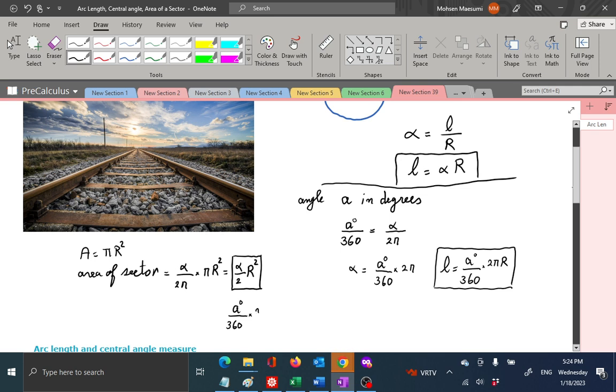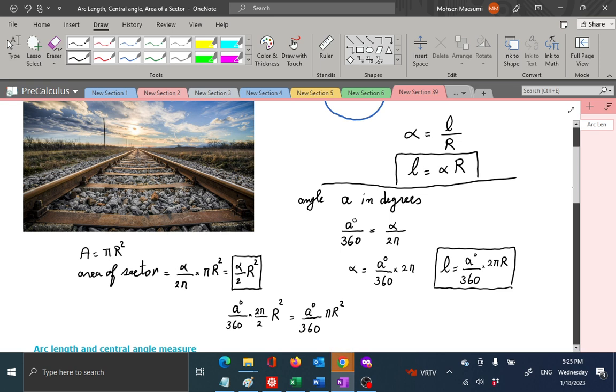When I multiply by 2 pi, that is the angle in radians, and then I have to take that angle, divide by 2, and then multiply by r squared. When I simplify this, it becomes A in degrees over 360 times pi r squared. So let's understand it again.